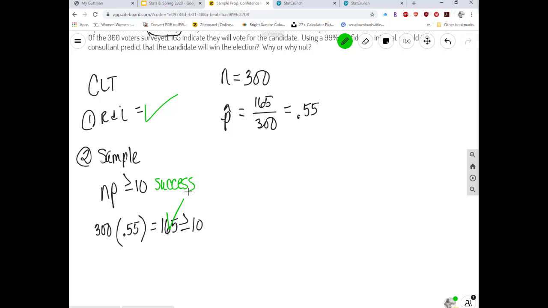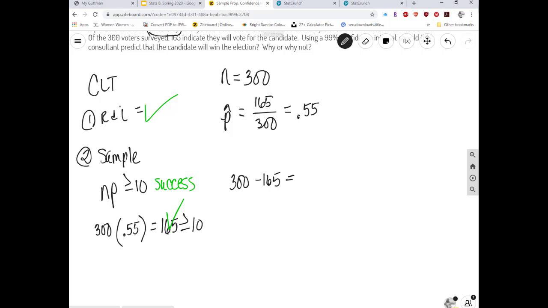Well, either people are going to vote for this candidate or they're not. So if 165 did vote for the candidate, then the difference between 300 and 165 will be the people that did not vote for the candidate. I'm just going to say that the failures are 300 minus 165.